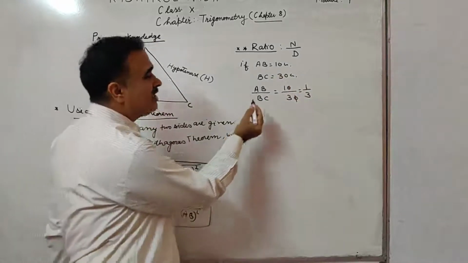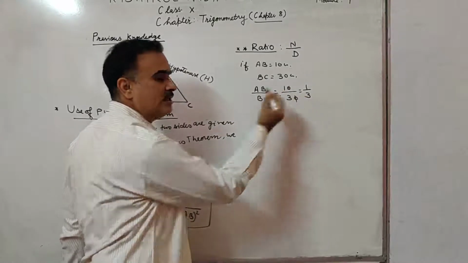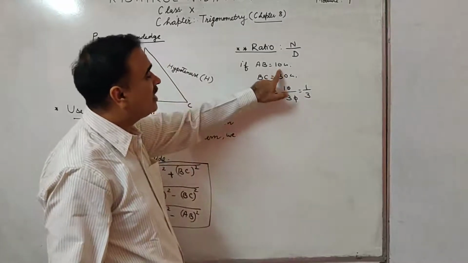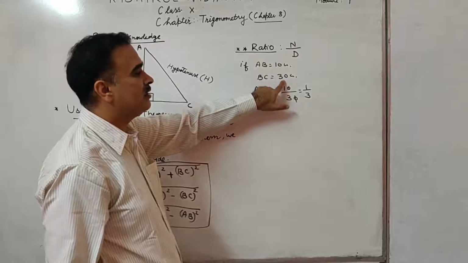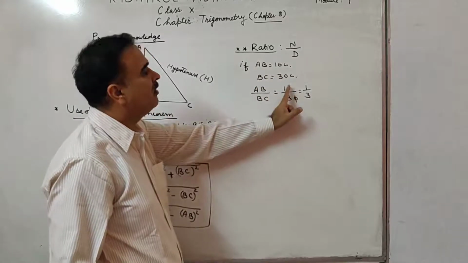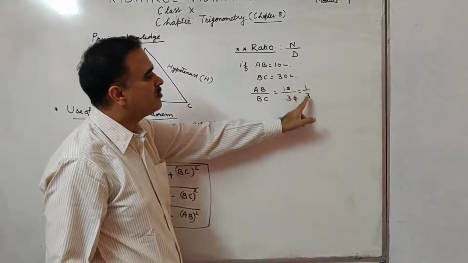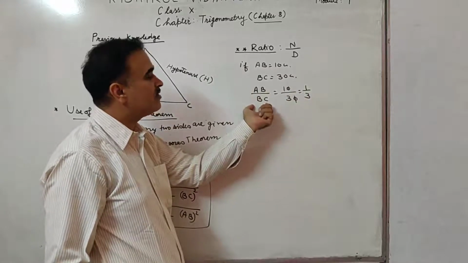So you cannot say that AB is 1 and BC is 3, because AB was 10 and BC was 30. The common factor is cancelled out, then it comes 1 by 3. It is in simplest form.